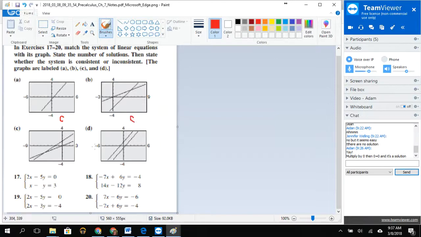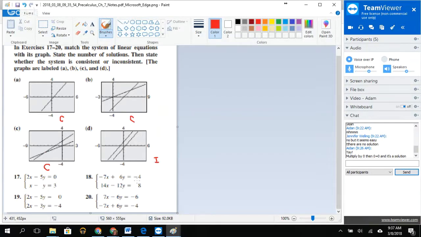C also appears to be a consistent system, because there's one solution. And D over here appears to be two parallel lines with no solution, so this would be inconsistent because there is not at least one solution.